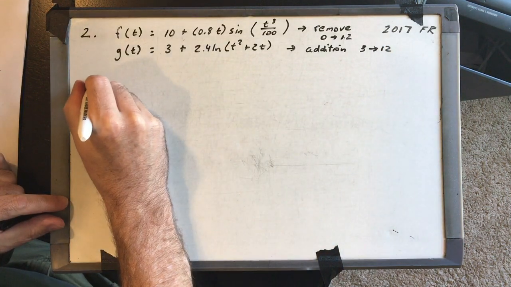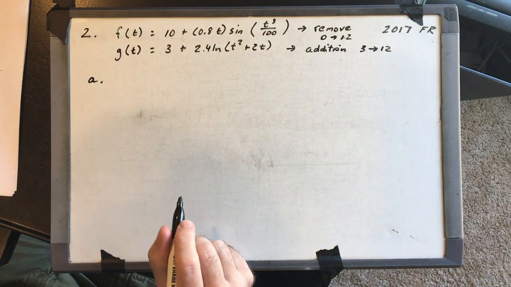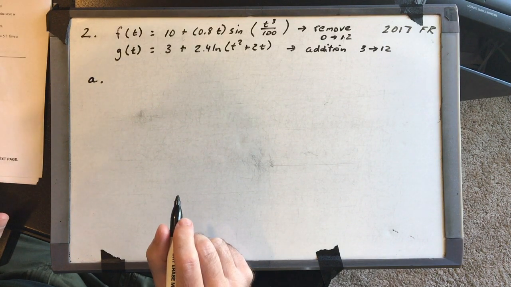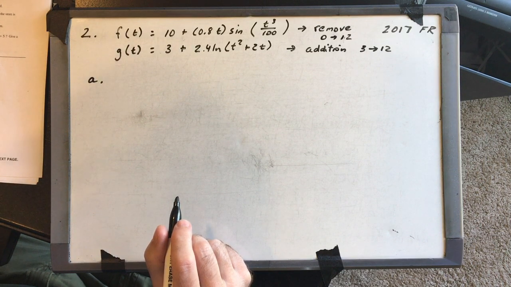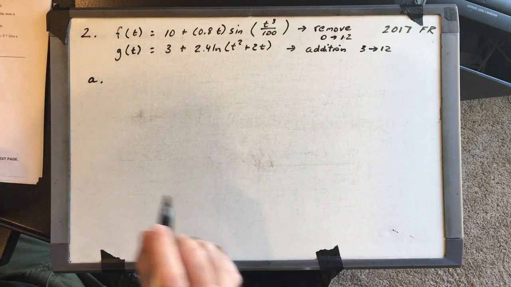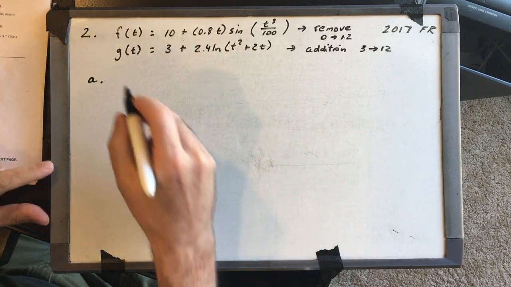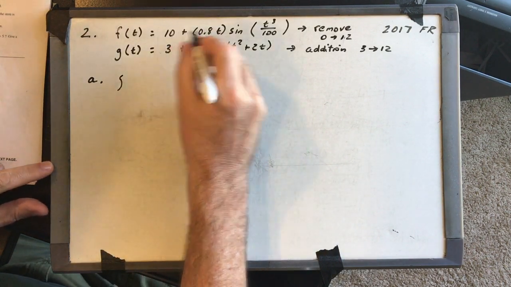All right, so A says how many pounds of bananas are removed from the display table during the first 2 hours the store is open. Okay, how much? You're adding something up, so you're going to integrate. You don't have to write that equation all out.